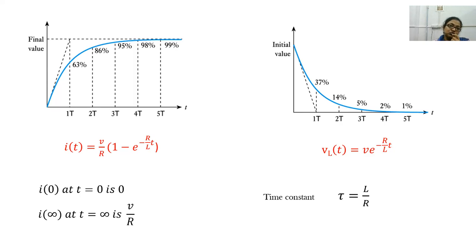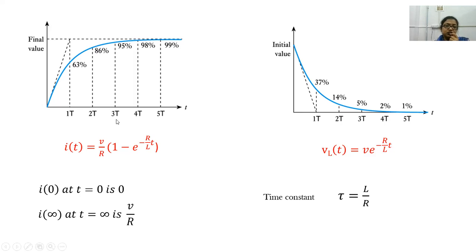In the final state, or steady state, the inductor behaves as a short circuit. That's why maximum current is flowing. So current is initially zero, then grows, and then reaches the steady state or final state, V by R. You can't get more than that; you can get a maximum of V by R.